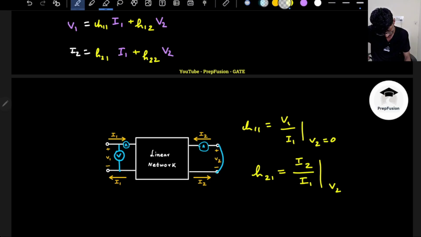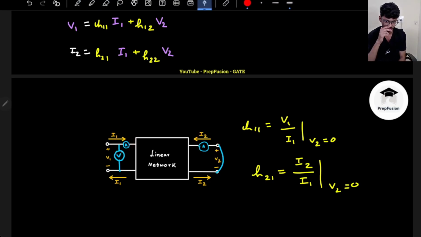That's why I need an ammeter in the output, an ammeter in the input, and a voltage source in the input. So these are the things basically.